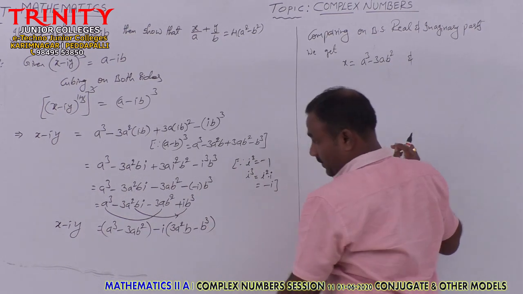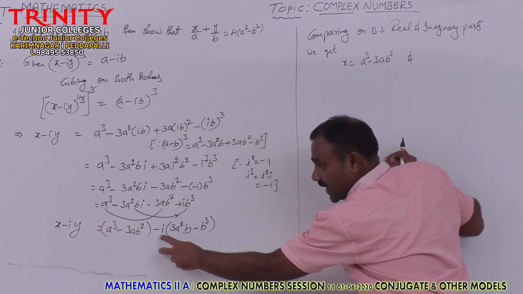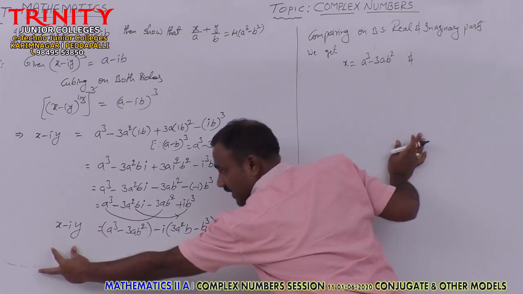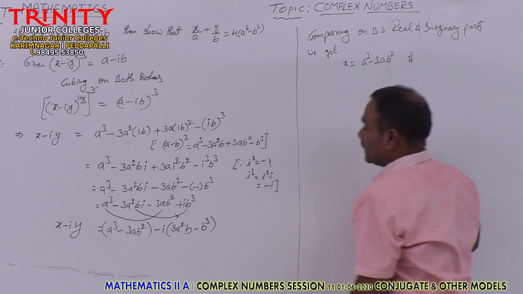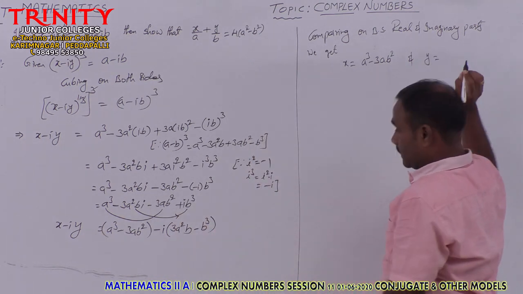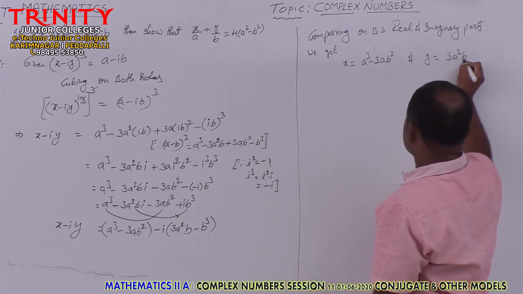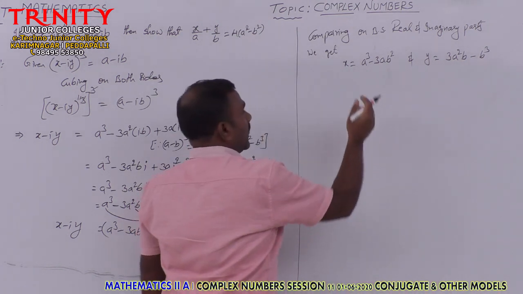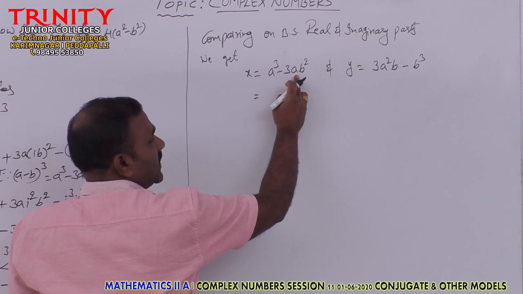And the imaginary part, here minus iy, this is also in the form of minus i into something. Therefore, both are in the same format, x minus iy. So y is equal to the imaginary part, 3a square b minus b cube.